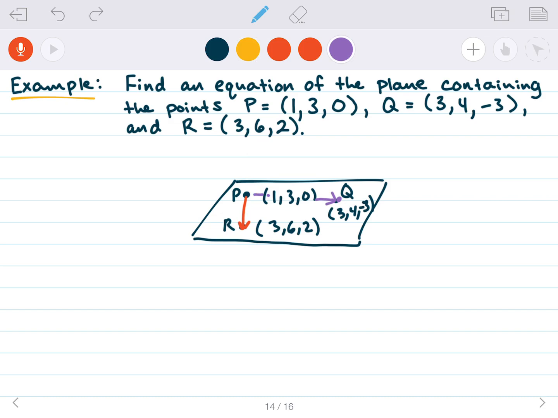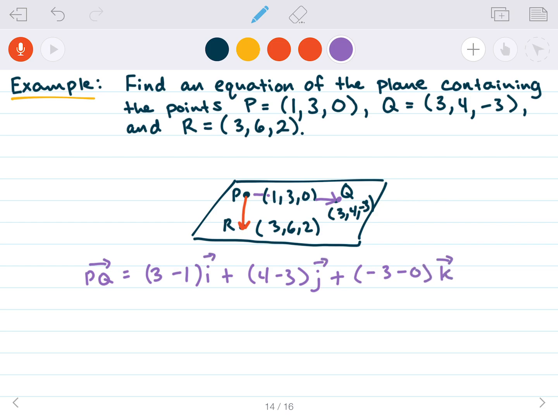Alright, so first of all, let's figure out what PQ is, the vector PQ. So that's our displacement vector. We're terminating at Q, so we're going to take the difference in the x's. So I have 3 minus 1, difference in the x's, i, plus the difference in the j's, 4 minus 3, j, plus the difference in the z components, the k's, negative 3 minus 0, k.